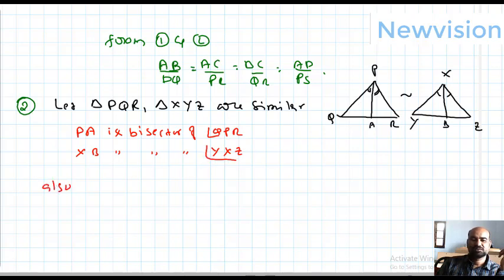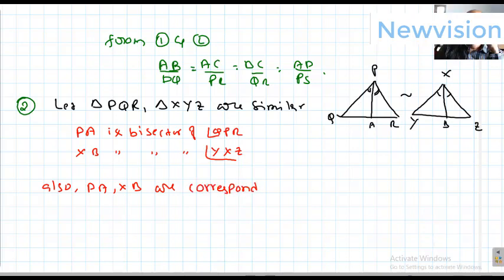Also, PA and XB are corresponding angular bisectors.